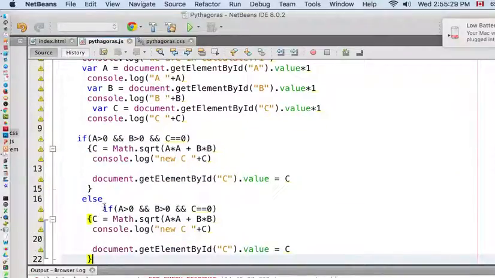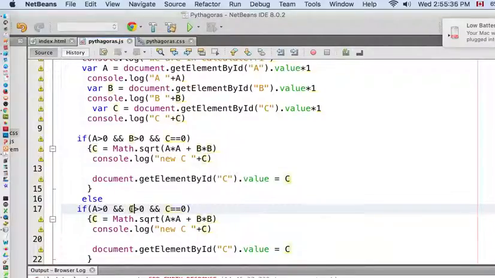So let's say we have the A and the C, but we don't have the B. So the B is going to be the square root of C squared, so C times C, minus A squared, A times A. So here's our new B, and then we fill in the value of B.